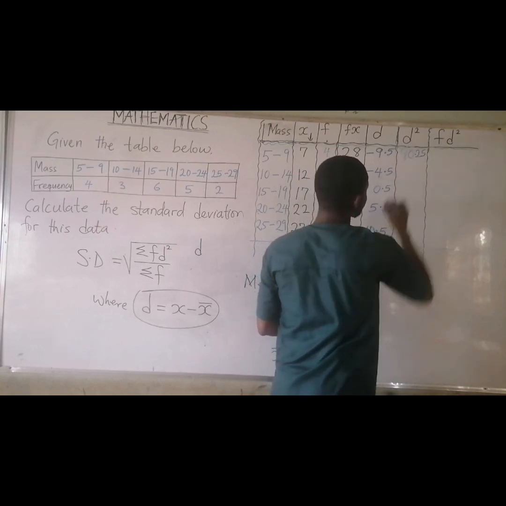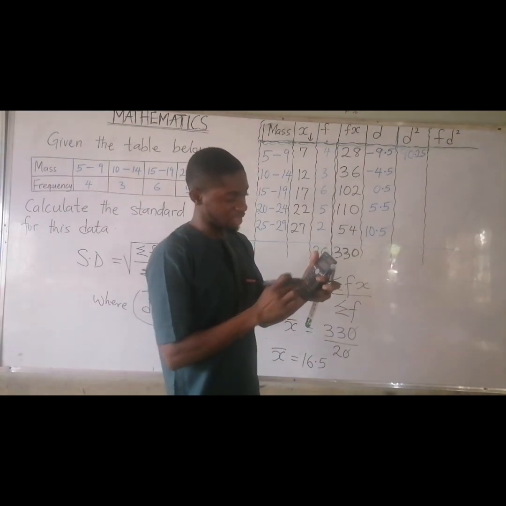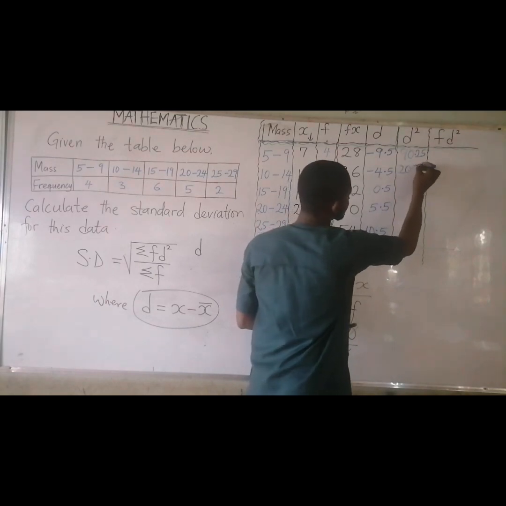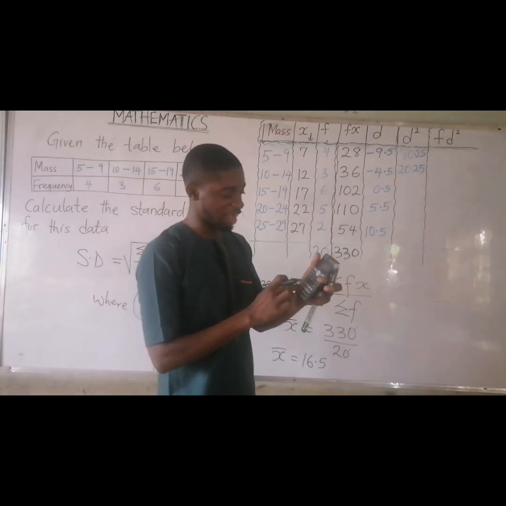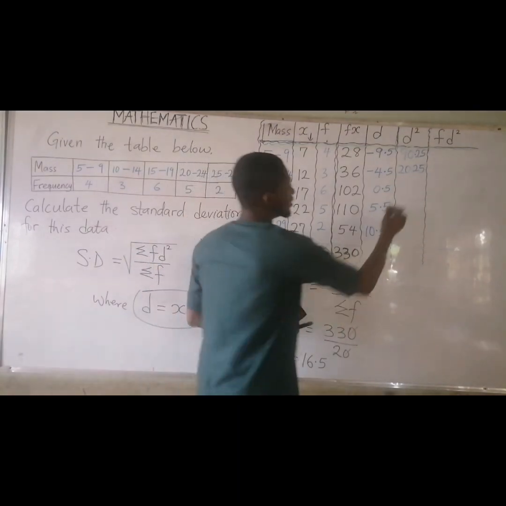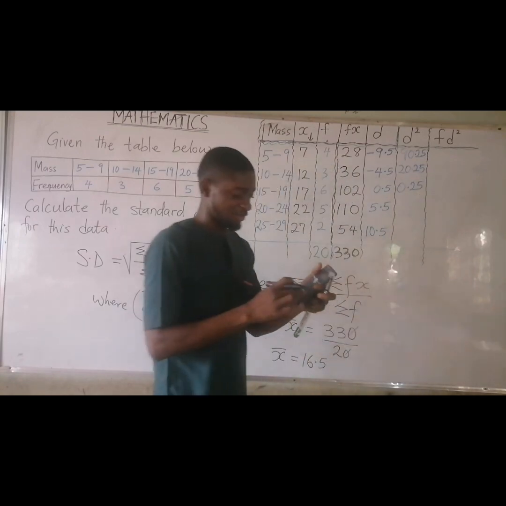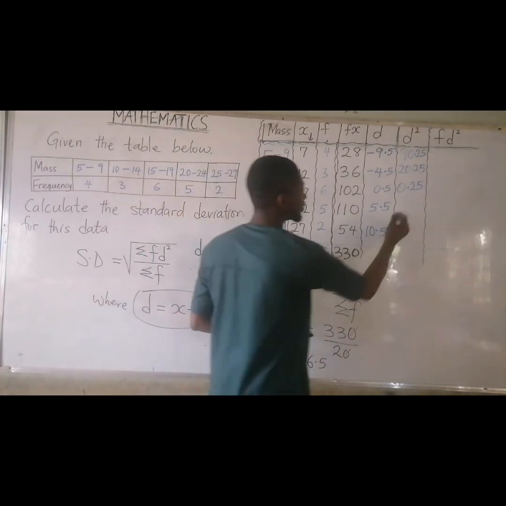90.25. Then we move on. 4.5 squared is 20.25. Again, 0.5 squared will give us 0.25. 5.5 squared gives us 30.25.